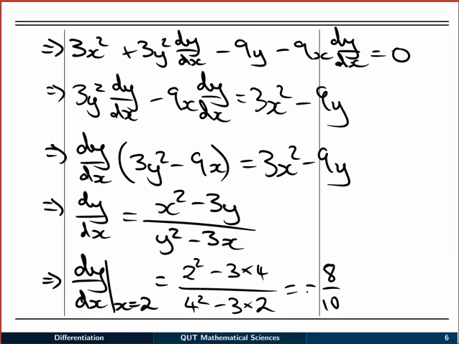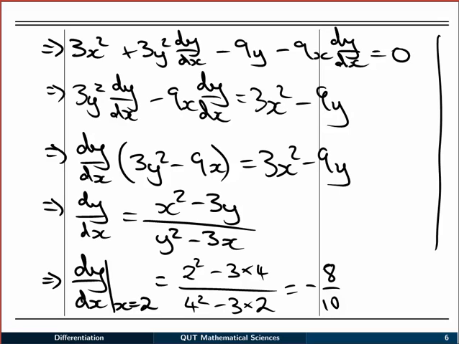So let's have a look and see if we can find what the problem is. There must be a negative missing somewhere up here in the working. When we moved from the top line onto the second line, remember we tried to move things across to the right hand side. 3x squared went over to the right.